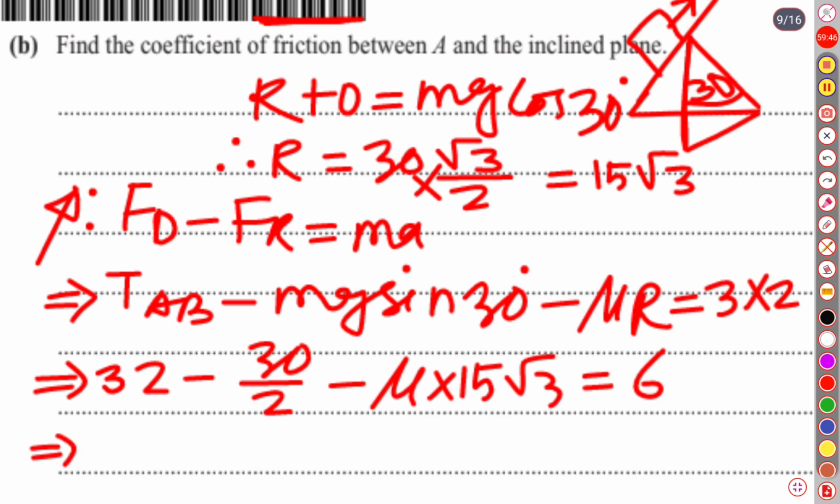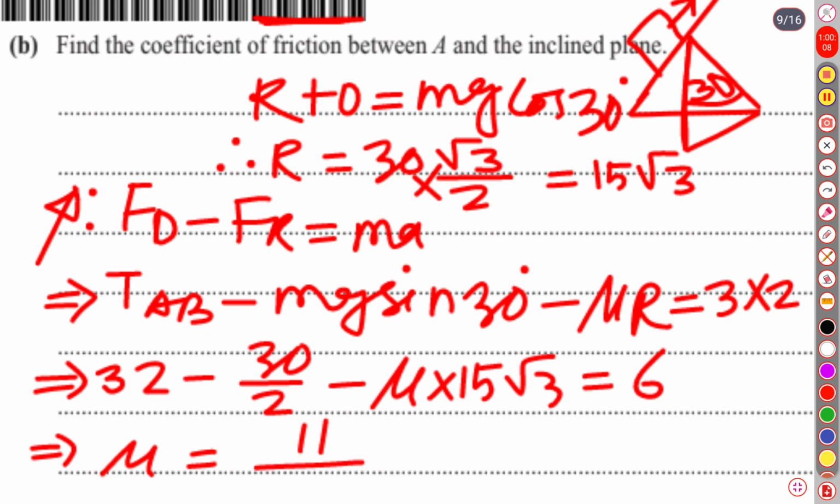Hence 15 root 3 mu is equal to, from 32, if we subtract 15, it is 17. So 17 minus 6 means 11. So mu is going to be 11 over 15 root 3.